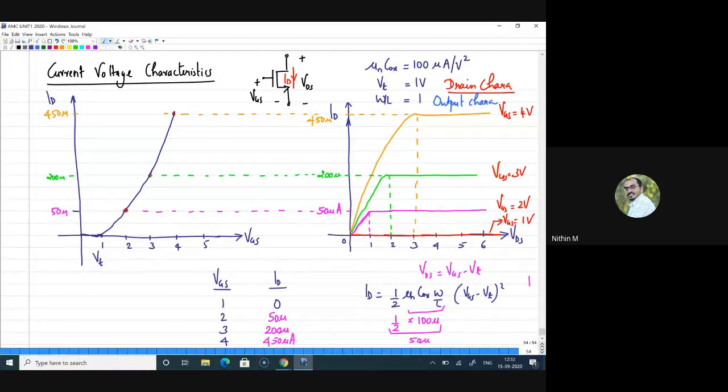So this has to be a little more, yeah, correct. Now if you look at this graph, this portion of the graph, I will mark this as for VDS greater than or equal to VGS minus VT, and hence here actually we can say that the MOSFET is in saturation region, right? So I hope this is clear.